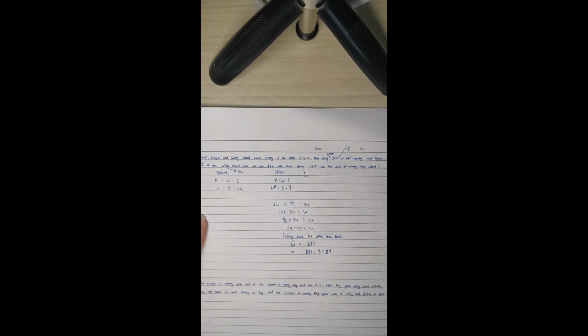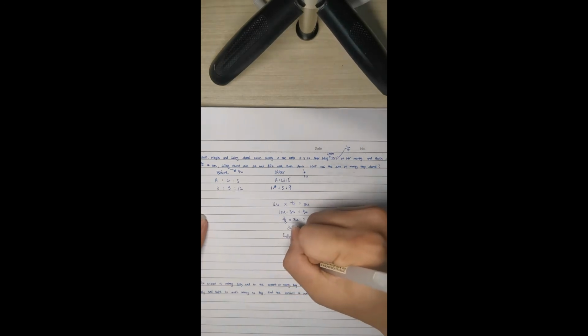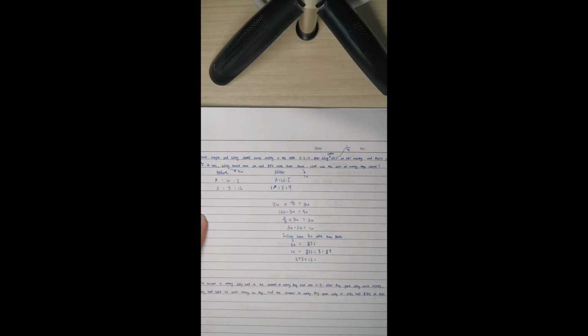So now we know $9 is equal to 1 unit. So the question wants to find out what was the sum of money that they shared. So using this, at the start they have 3 units plus 5 units plus 12 units. Total is 20 units.